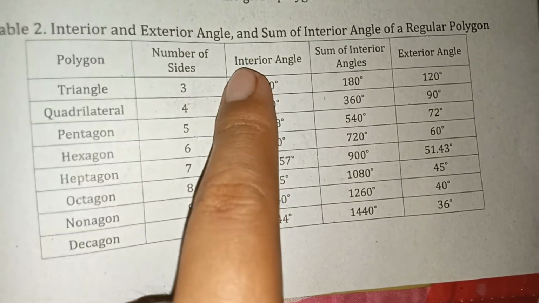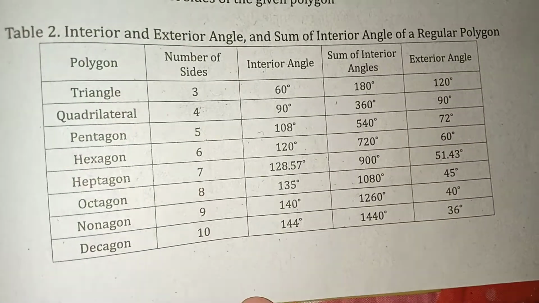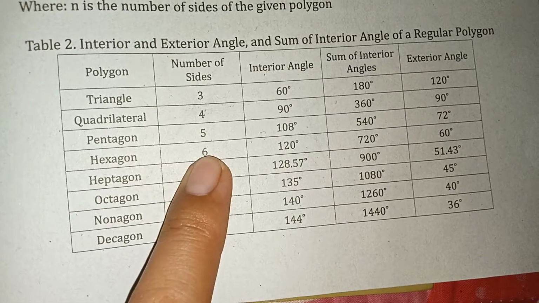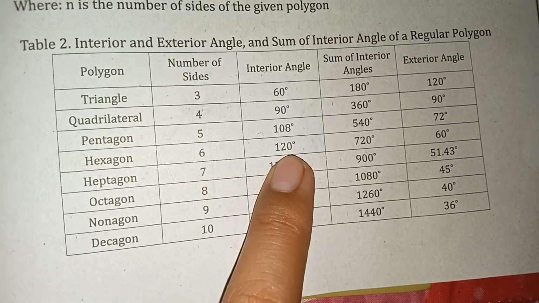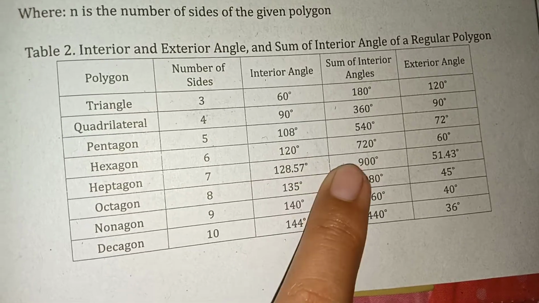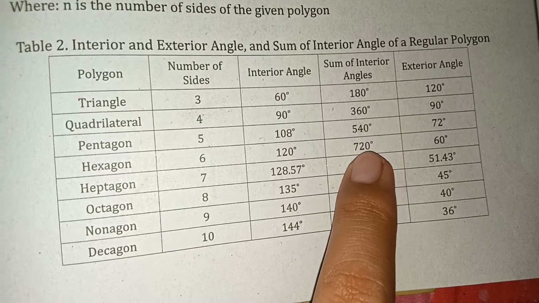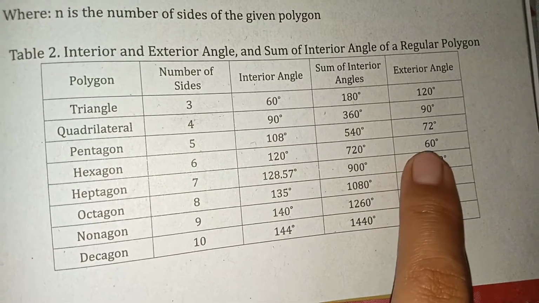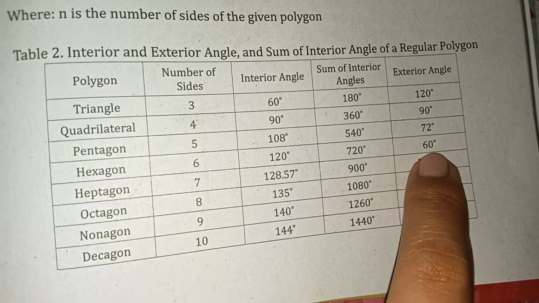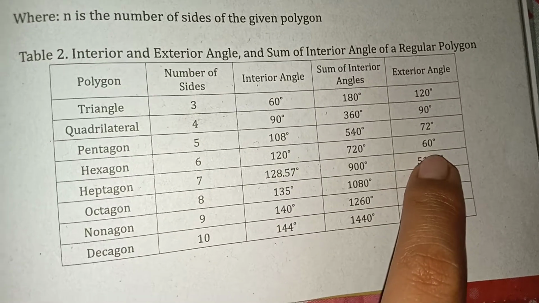So the interior and exterior angles should add up to 180 degrees. For the hexagon, a 6-sided polygon, the interior angle is 120 degrees. The sum is 120 times 6, which is 720. Since 120 plus 60 should be 180, the exterior angle is 60.